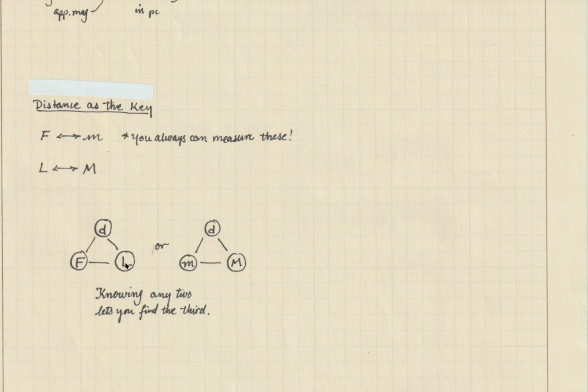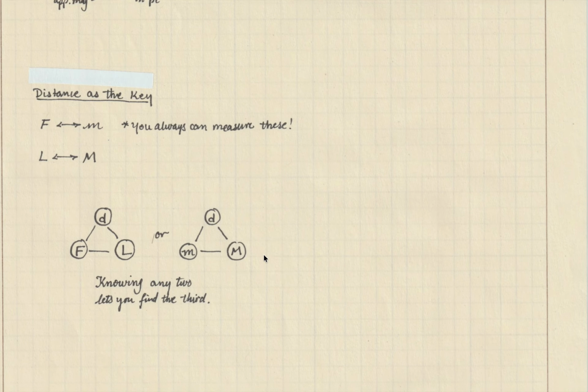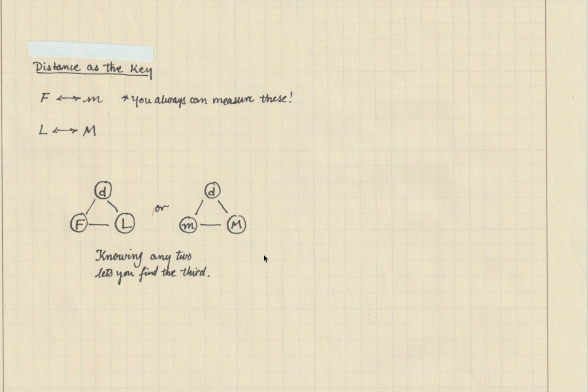So you need two to get the third. Flux and luminosity gets you the distance. Luminosity and distance gets you the flux, and so on like that. Flux and distance gets you the luminosity. Or, in magnitude terms, the distance lets you convert between apparent and absolute magnitudes, and again, any two of those three allow you to get the third one. All right, that's that part there. And we're going to go on with a bit more about these.